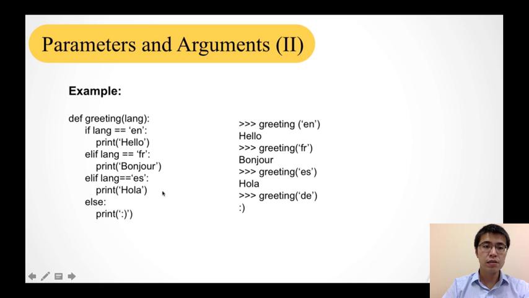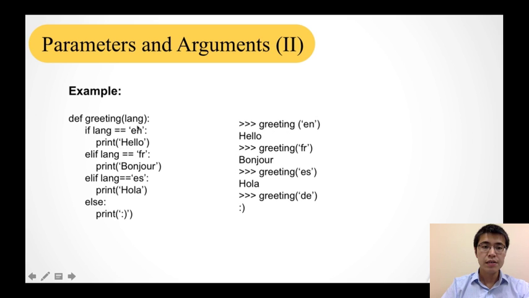And how do we use this grading function? When we use this grading function, we provide the keywords like EN, French, Spanish, and German. So if we provide English, EN, we have the result hello, right? If we have French, we have bonjour. Spanish, hola. So that's how we use this function.